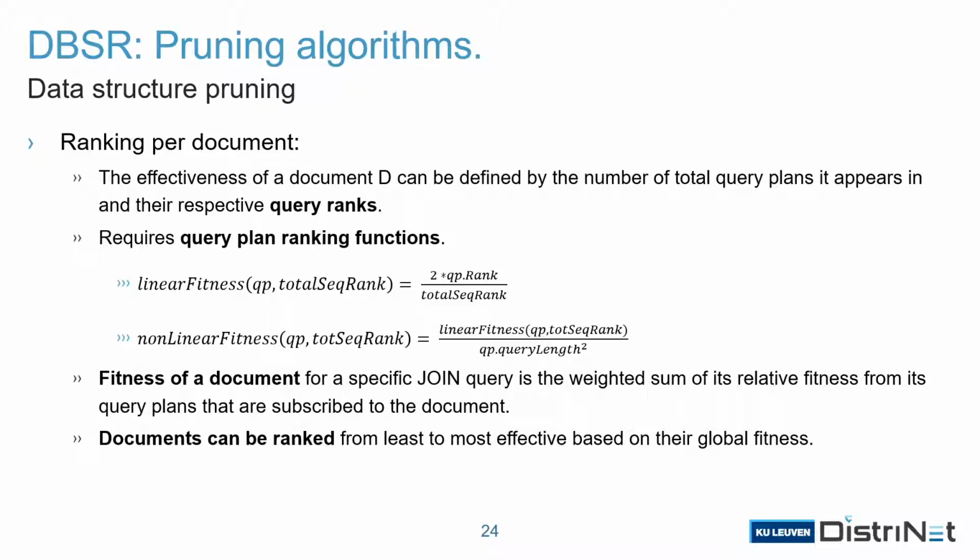So if a document appears in highly qualitative but few query plans, it's still better than, for example, appearing in many query plans which are of lower quality. And for this we define some nonlinear function. This of course could be more improved, but these are simple models and they work right now. And based on this ranking, we sort documents from least to most effective based on their global fitness.